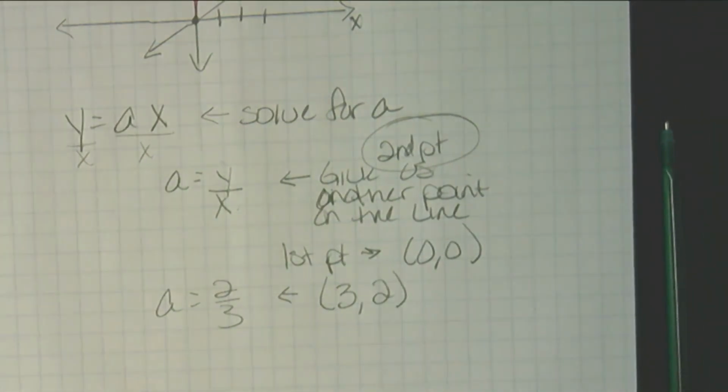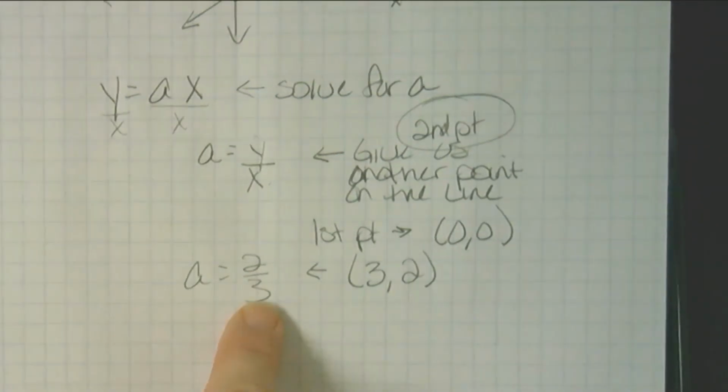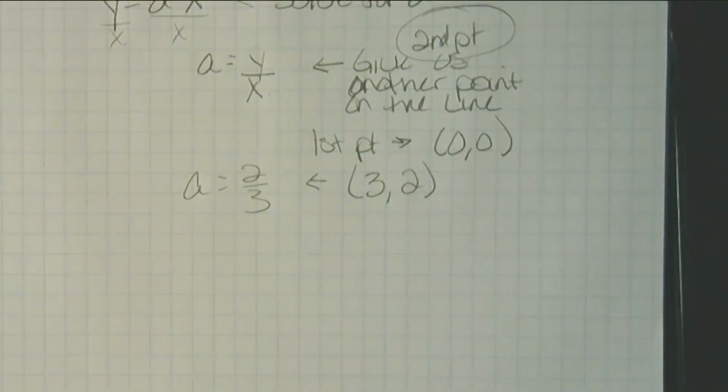Always. So to graph direct variation, I don't need to do my slope work. I don't need to find 3 points. All I need to do is graph the y-intercept and use my a to find my second point. All right, so now you have 2 ways. If you can't remember that, you can always rely on your slope-intercept.